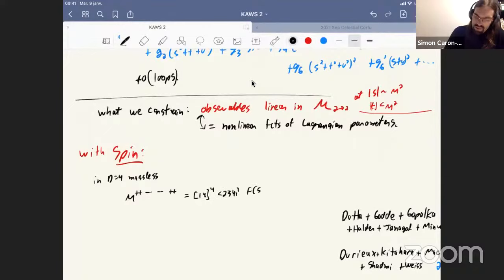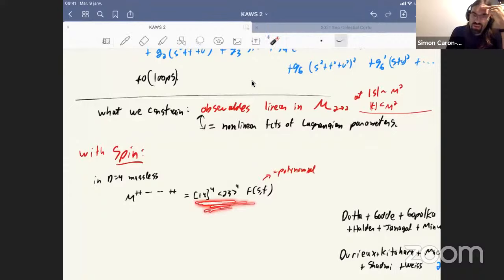Times F of S, T, and the amplitude is exactly such that contact interactions are very easy to list. They're simply the things that are polynomial. But the important thing to realize is that you have the spinor factors in front.